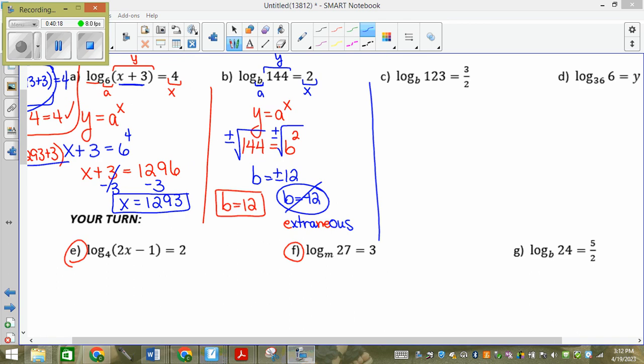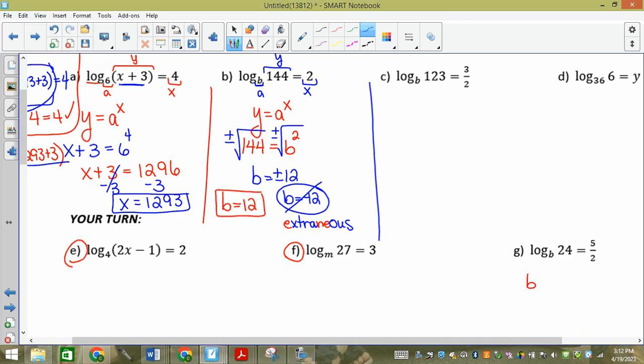So this one, when this one converts, it's going to be b to the 5 halves equals 24. And Mrs. Z taught you when you guys were reviewing how to get rid of 5 halves. You're trying to make that be b to the 1, correct? Ultimately, in the end, b to the exponent 1, which means I don't have to write an exponent, so it would just be b.